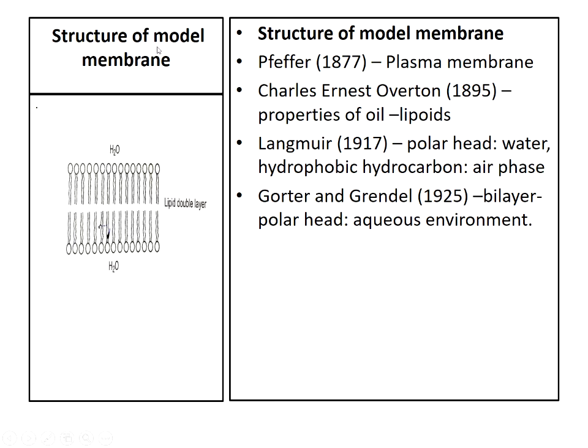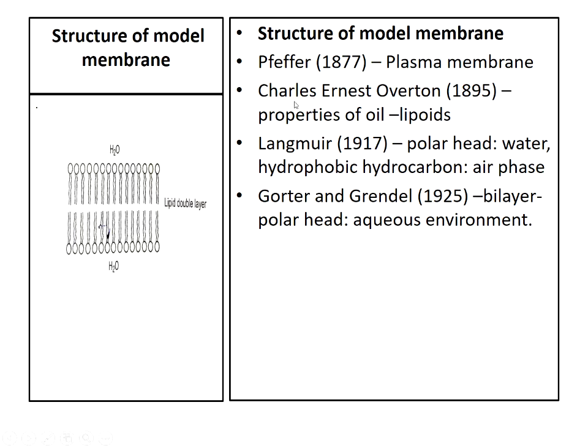Next is the structure of the model membrane. Different scientists proposed what a plasma membrane is. According to Pfeffer, the protoplasm of the cell is surrounded by a membrane, and he called it a plasma membrane.